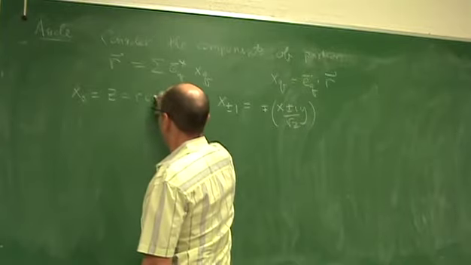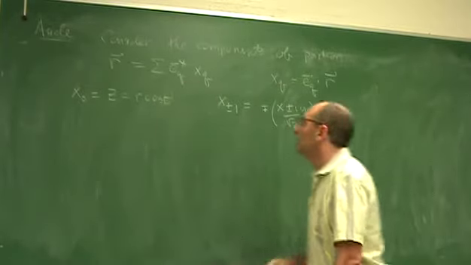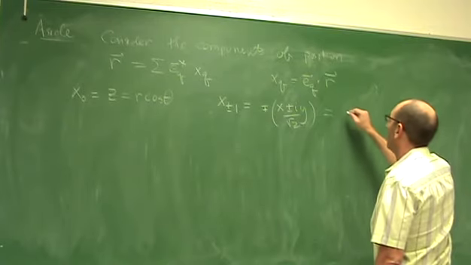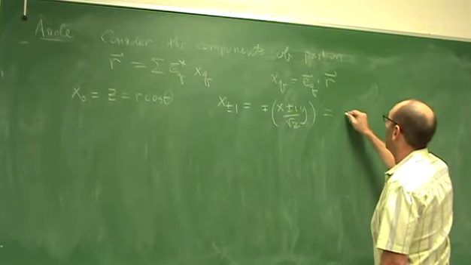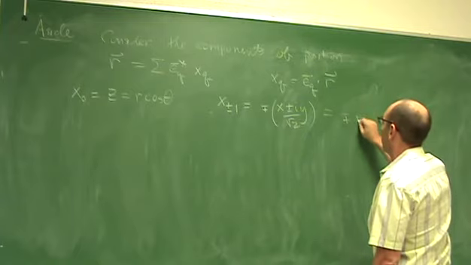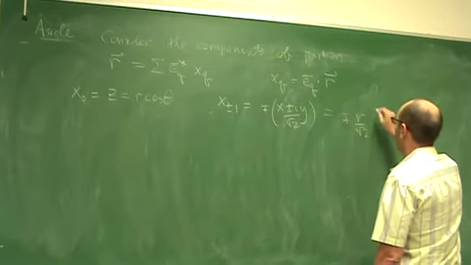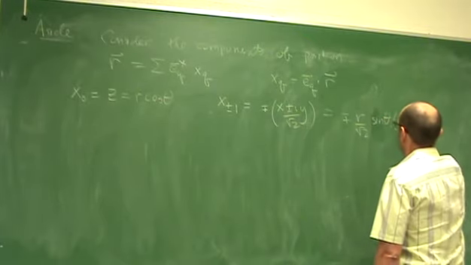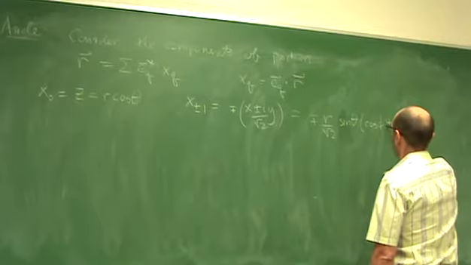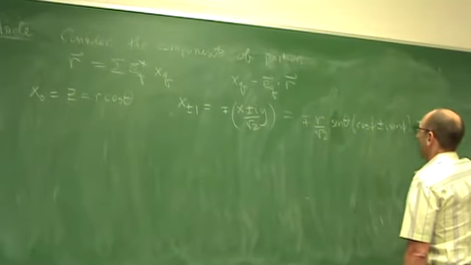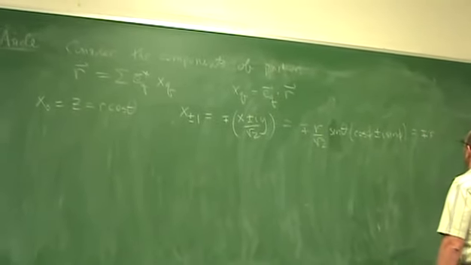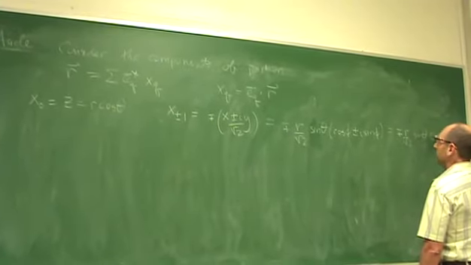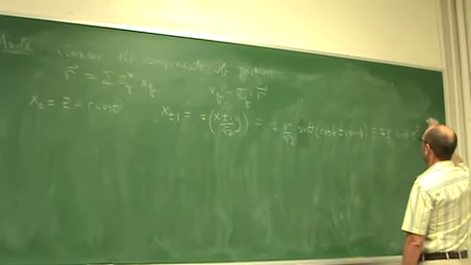This is r cosine theta. And this is equal to plus or minus r over root 2 sine theta cos phi plus or minus i sine phi, or minus or plus r over root 2 sine theta e to the plus or minus i phi.